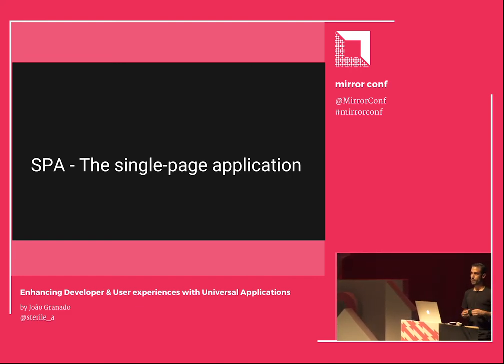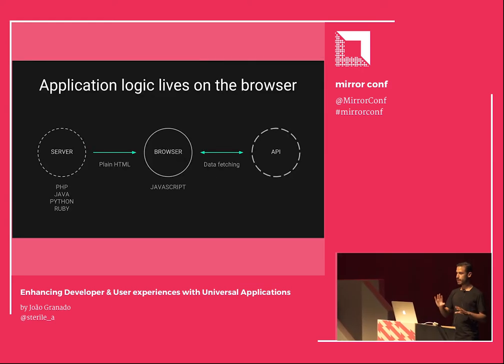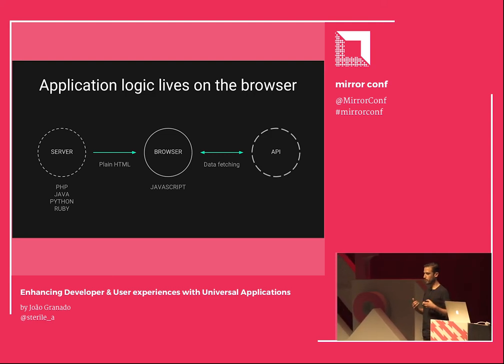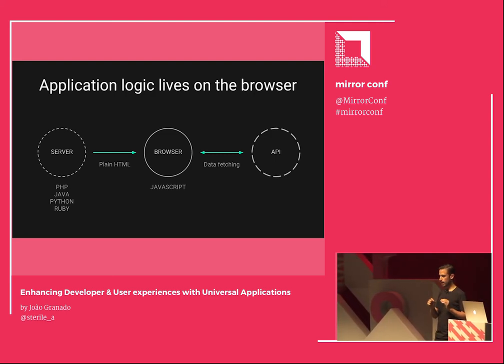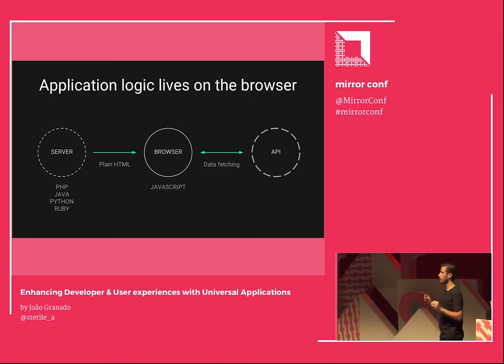So the browser evolved, and these new technologies allowed us to develop this kind of application, and the paradigm just changed a bit. We thought, we have these really capable browsers, able to do really powerful things, so why can't we move all the logic to the client?